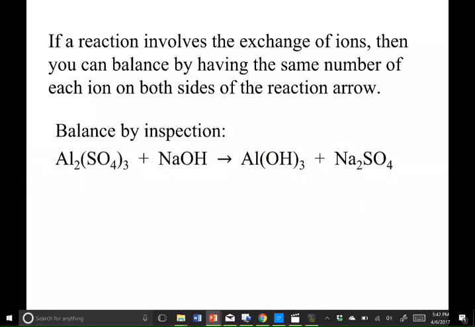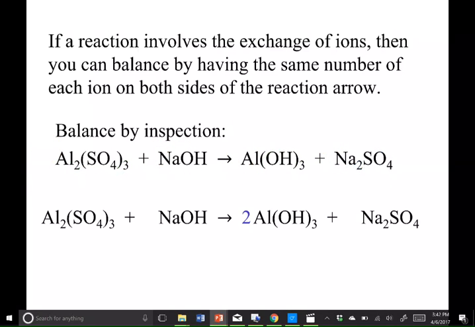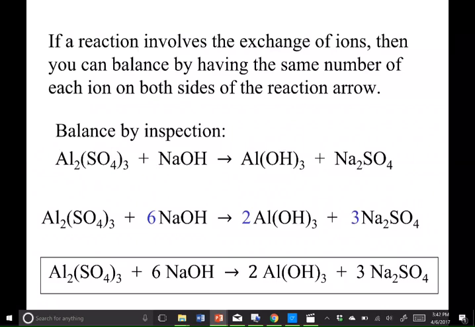All right, I know it's really messy, but it doesn't have to be that messy. Okay, so that is the balanced equation, with that set of stoichiometric coefficients. We have the same number of aluminums, sulfates, sodiums, and hydroxides on either side of the reaction arrow.